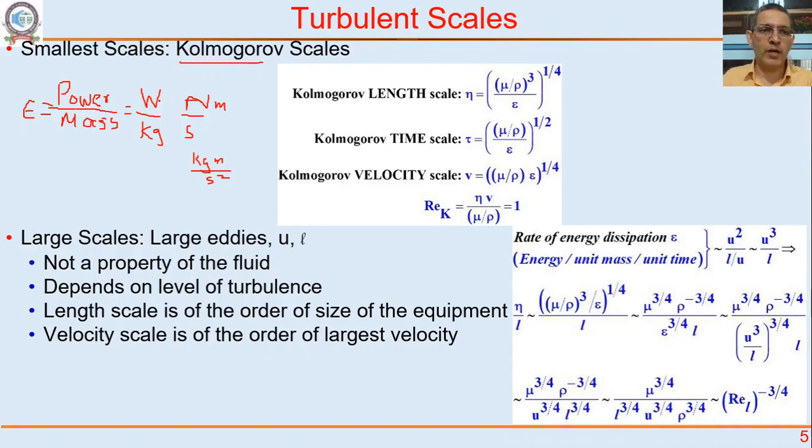So watts is newton meter per second, divided by kg, and newton is kg meter per second square. The kg cancels out, so epsilon has units of meter square per second cube.